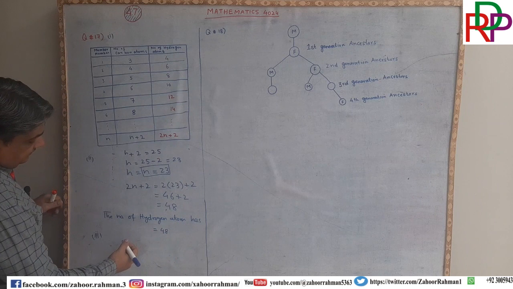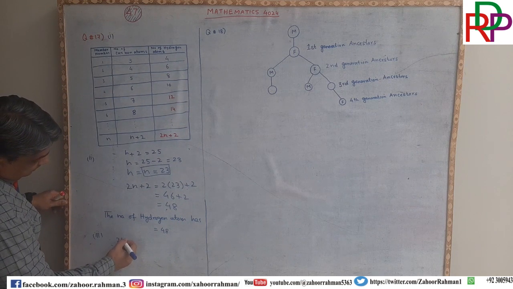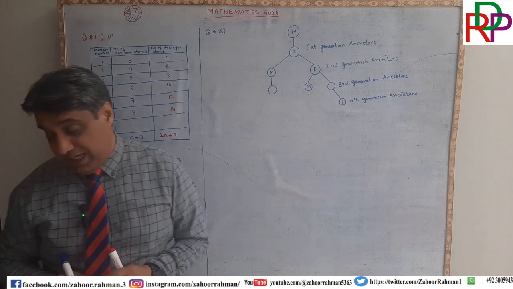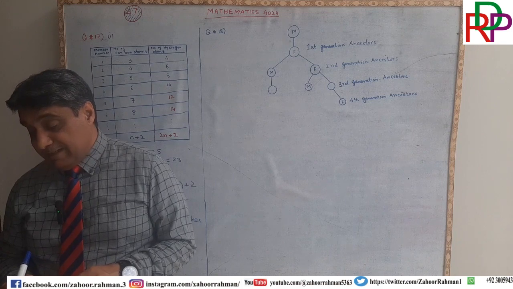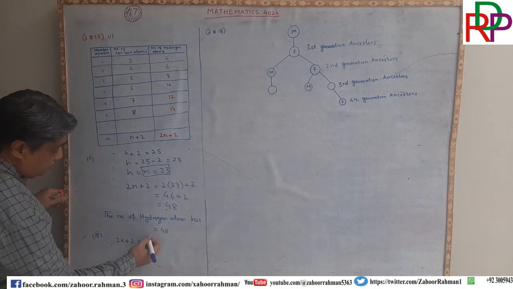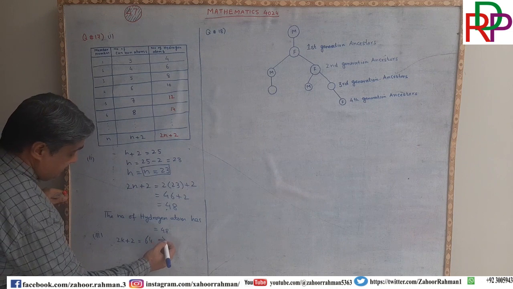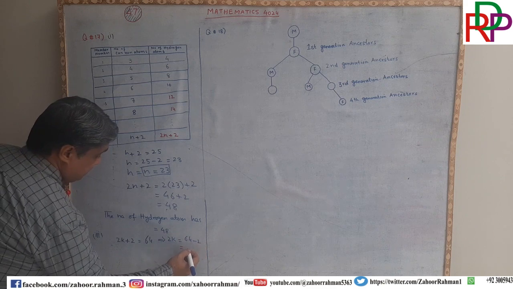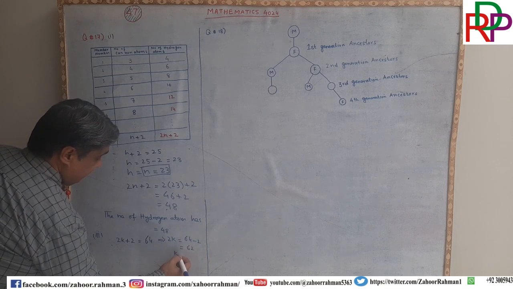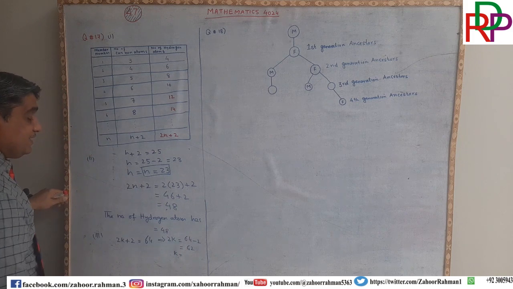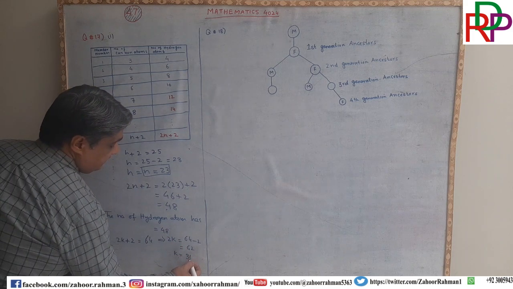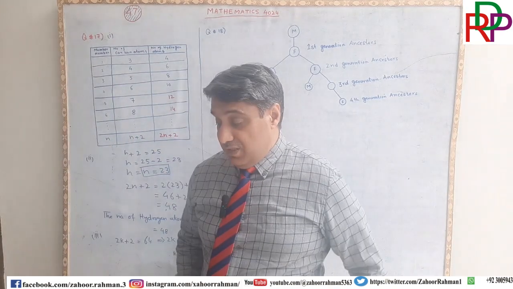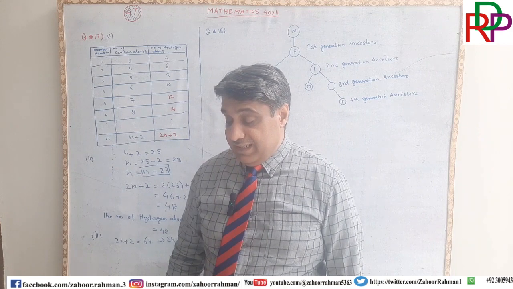And here we will take 2k plus 2 is equal to 64, which they have given us. This implies that 2k is equal to 64 minus 2, which is 62, and k is equal to what? k is equal to 31, because dividing both sides by 2 we will get this.